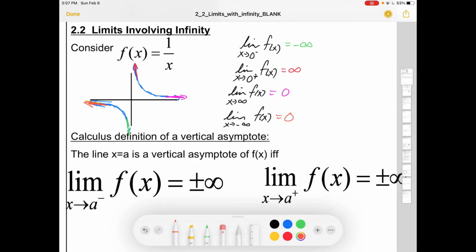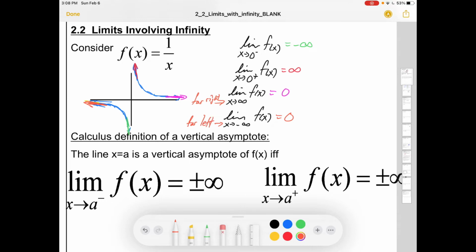Now, just imagining that, what if you put in a negative big number here, like a negative a bajillion? 1 divided by negative a bajillion is really close to 0. Same thing if you put in 1 over positive a bajillion. It's closer and closer to 0. Okay. So these ones here, this means far right, and this one here means far left.